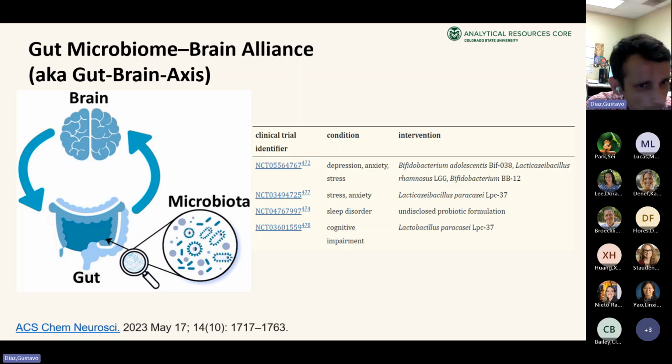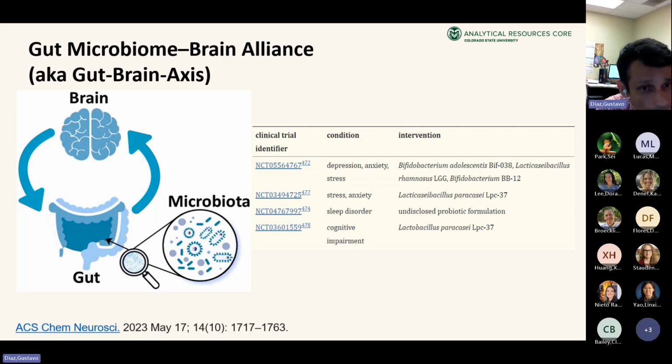So there are some other examples where we can associate gut microbiome or microbiome with different physiological processes. And this one is, for me, less intuitive: how variation in the gut microbiome can cause or can be linked to mental disorders.